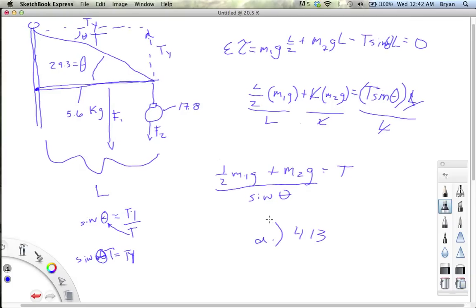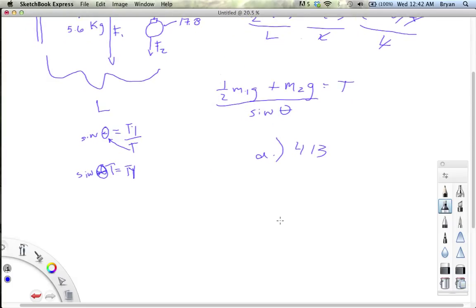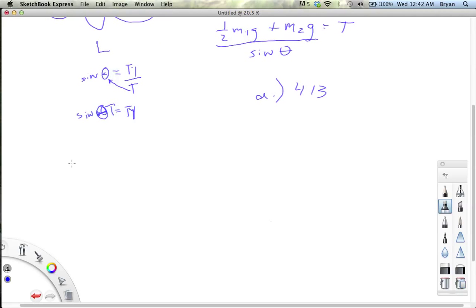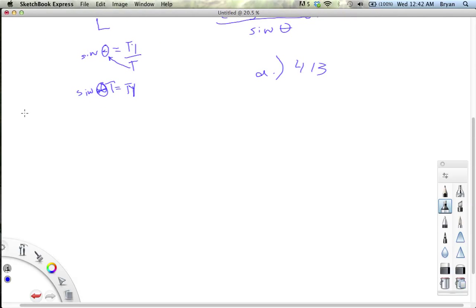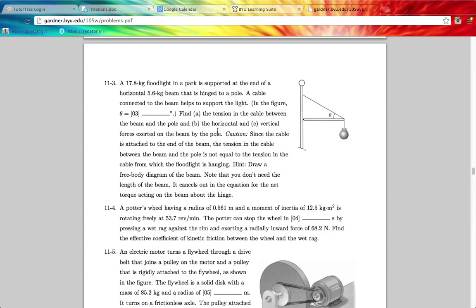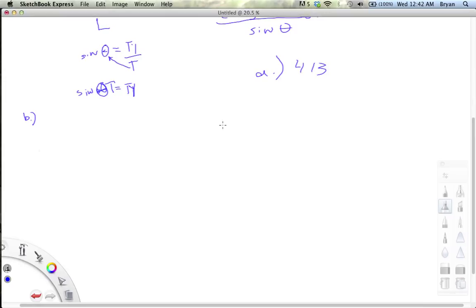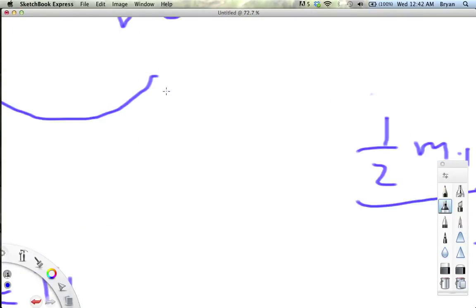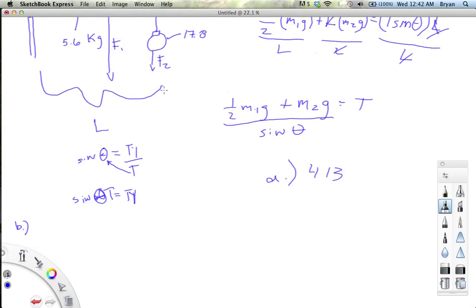Alright, so part B, let's begin. So for part B, they're asking what is the horizontal force. So we know that, scroll up, oh geez, I did not mean to do that.